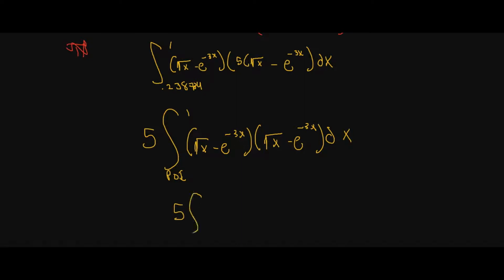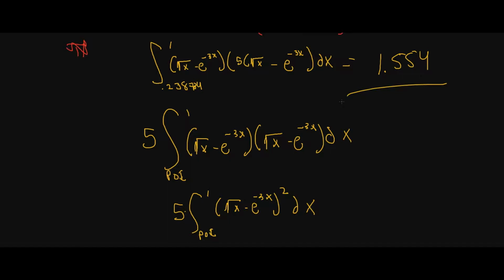So now we can write this as the integral from the point of intersection to 1 of both of these, which is squared, dx. Which is 5 times the length, really. So they're still going to multiply the 5 on the outside. We just pulled it out, but we didn't have to do that. You could just plug this all into your calculator, boom boom, and you'll get 1.554, and you get your answer. And other than that, it should be pretty good.